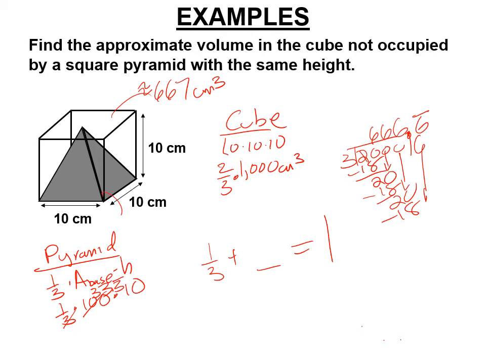The pyramid is approximately 333 cubic centimeters. If you add those two up, you get the 1,000 cubic centimeters of the cube. It's an optical illusion because the pyramid looks bigger than it really is. There's a lot of empty space because those pyramid sides are tilting in.